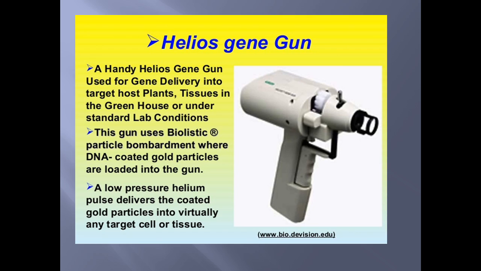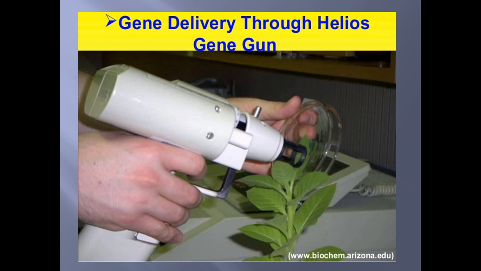With a low pressure helium pulse, it delivers the coated gold particles into any target cell or tissue. So you can find here gene delivery through the Helios gene gun method.